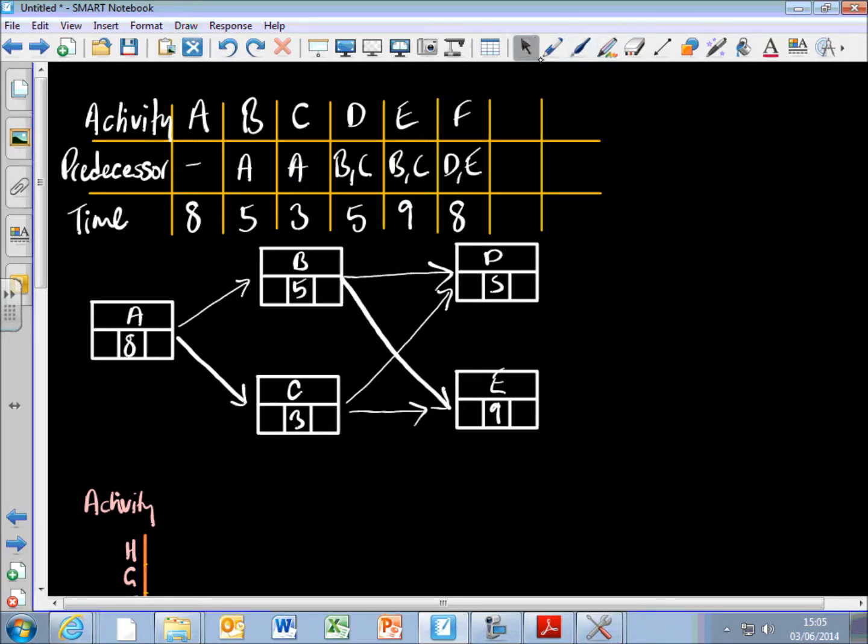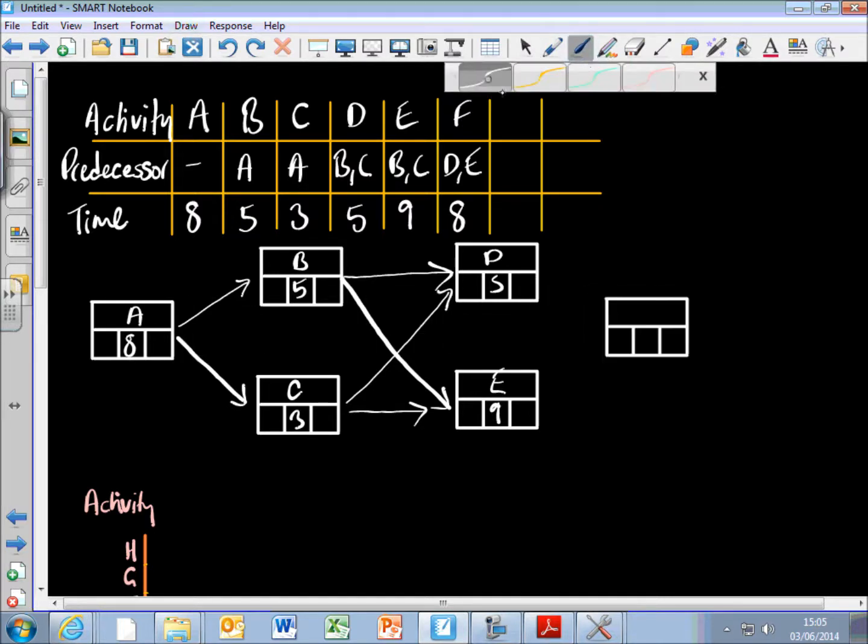And then finally, I've got activity F, and it needs D to be done and E to be done. And it takes 8 days itself. Okay, so that's my activity network.